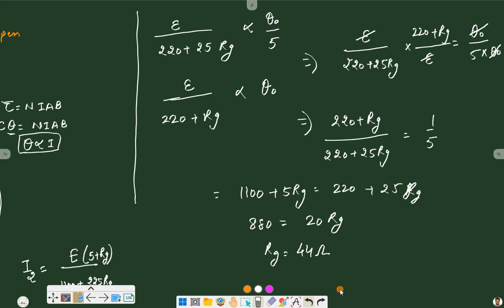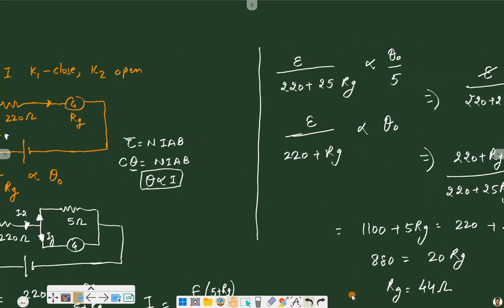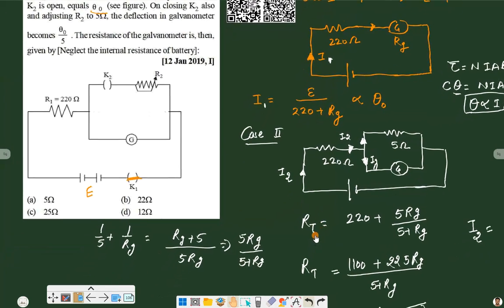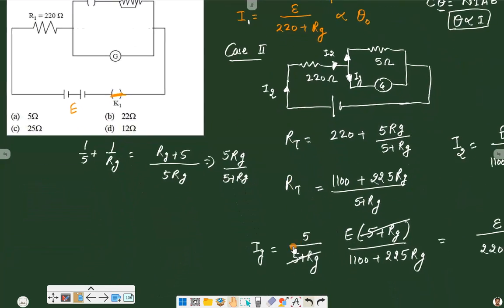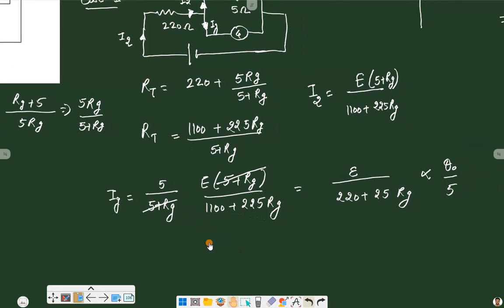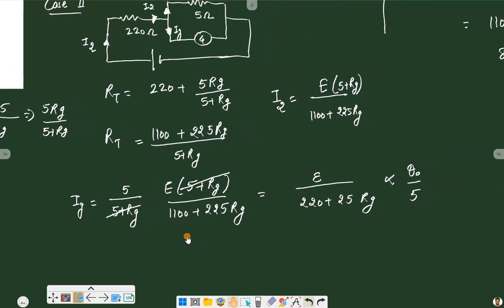So let's check, do we have 44 ohm here? We don't have 44 ohm here, so I think we made a mistake, and the mistake is here: when we divided 1100 by 5, it became 220, but 225 by 5 should be 45, so that was the mistake.